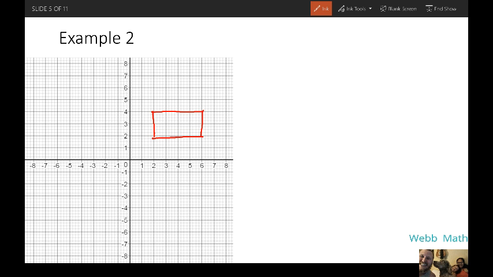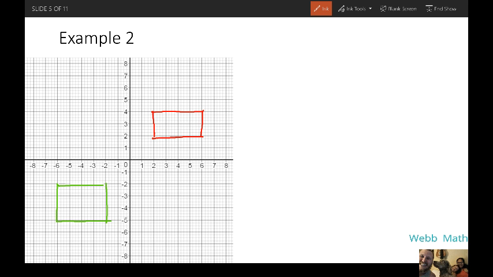Now, if we look at a transformation that gives us a different shape, we'll say, let's see. So apparently there was a sequence.